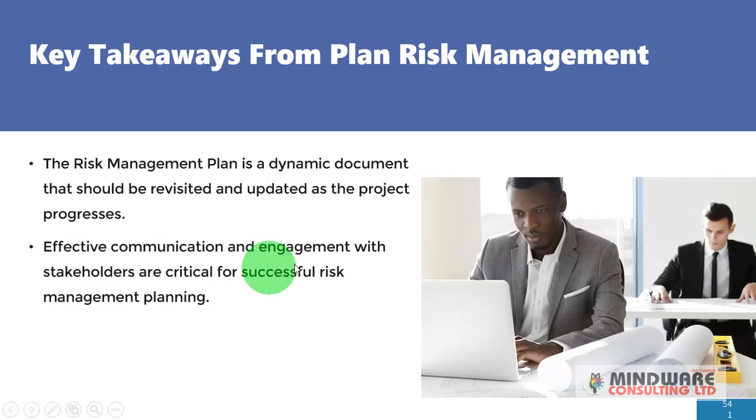Effective communication and engagement with stakeholders are critical for a successful risk management plan. So you have to be able to communicate effectively. You have to be able to engage with stakeholders effectively, to have a successful outcome.